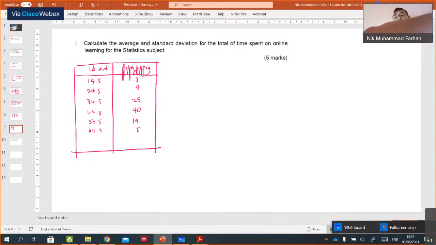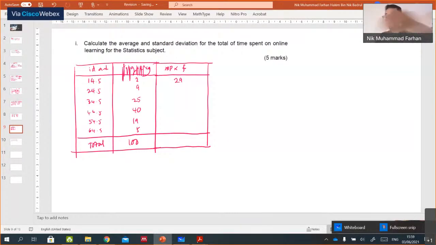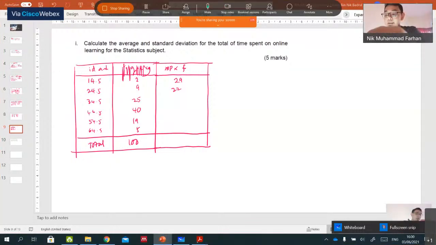Okay. Kita darab. 14.5 kita darab 2. Kita dapat 29. Lepas tu kita ada 24.5 kita darab dengan 9. Kan? Kita dapat 220.5. Next, 34.5 darab 25. 862.5. 44.5 darab 40.